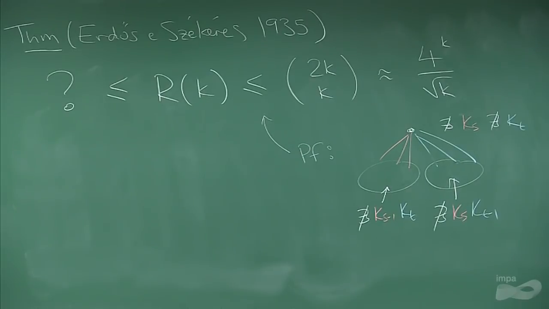Okay, so let's do it again slowly. Do you want me to prove 4 to the K or 4 to the K over root K? I'll do 4 to the K over root K. Let's do it properly.